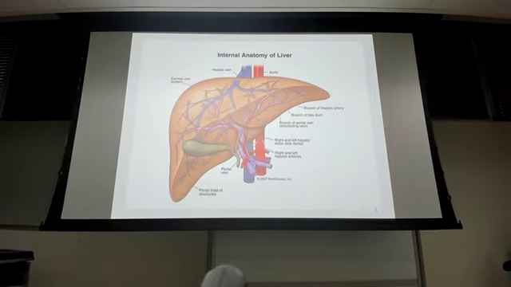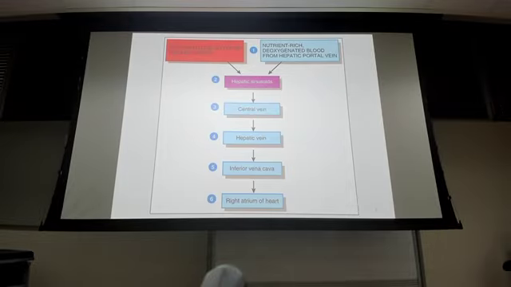Once again, just a quick anatomy refresher there of the liver and its blood flow, venous and arterial, and then the venous and arterial flow into the gallbladder. Just a quick refresher on how the blood supply works for the liver.